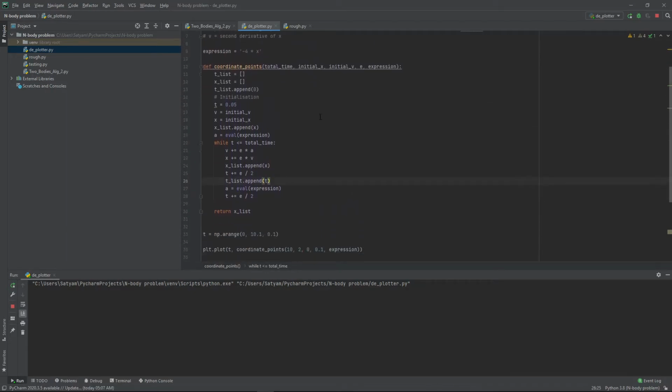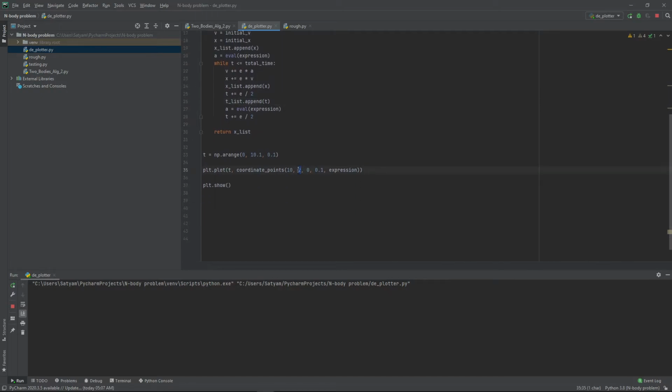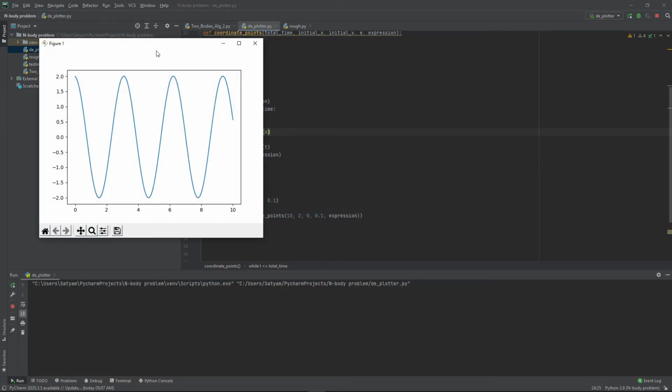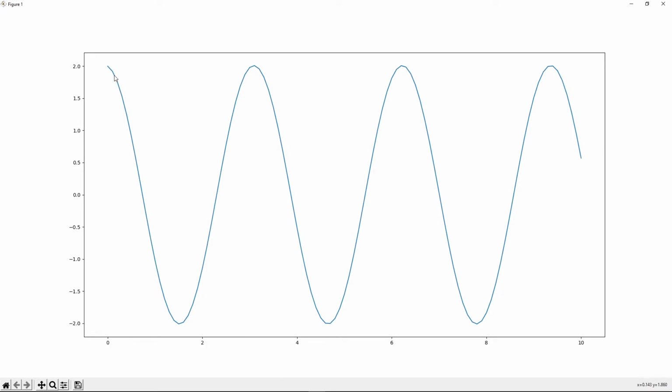The initial x is 2, so basically I have stretched that spring to 2 meters or whatever, 2 centimeters, whatever you want to call it, and I didn't give it any initial velocity, so I just stretched it by 2 meters, and then I just leave the system to do its thing. And here is this, as expected, a cosine graph. So it goes down, it goes up, it goes down, it goes up, like this.